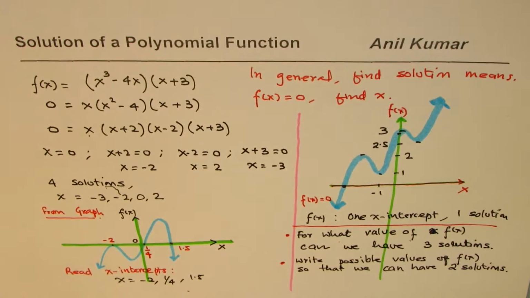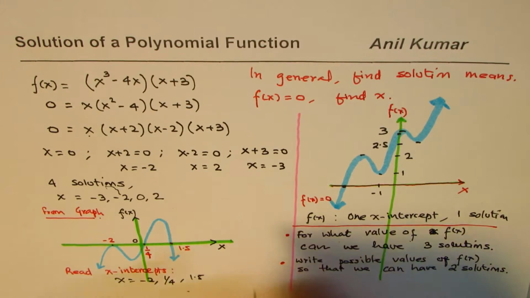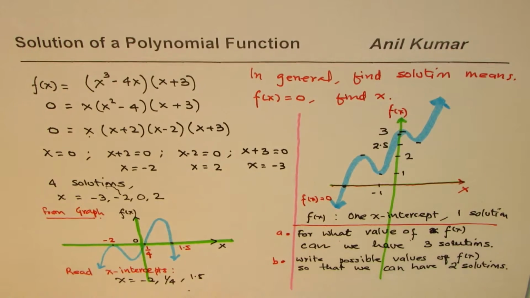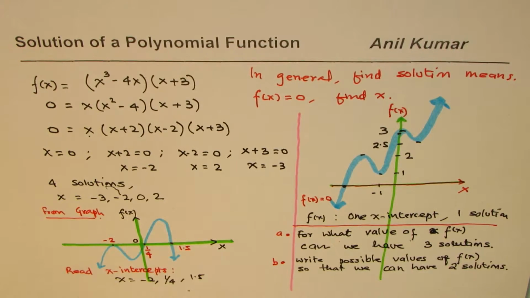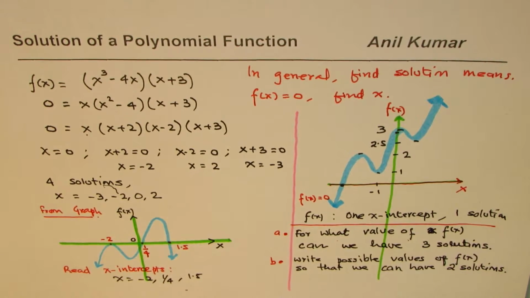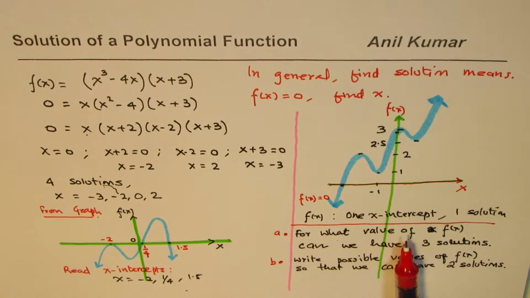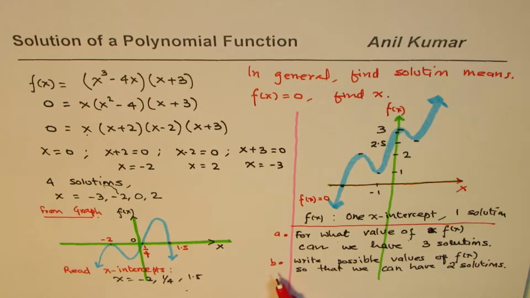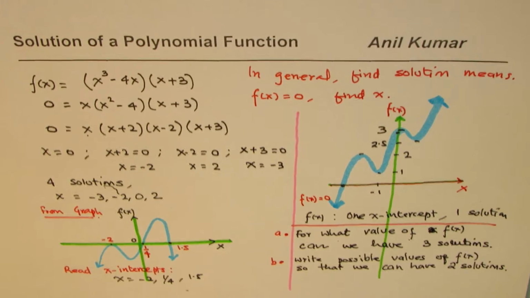Okay, so these are the 2 questions for you, right? Let's say question A and question B. You can now pause the video and answer these questions. For what value of f of x can we have 3 solutions? And then write possible values of f of x so that we can have 2 solutions.